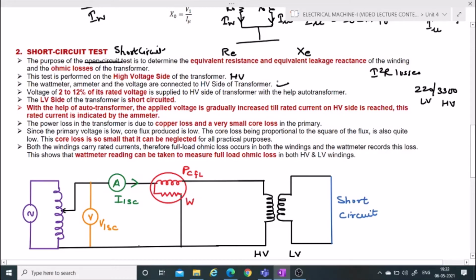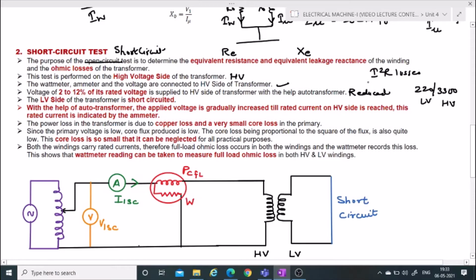Next, the major difference is that the voltage given to the high voltage terminals of the transformer is to be reduced here, as compared to the open circuit test where we give the rated voltage input.